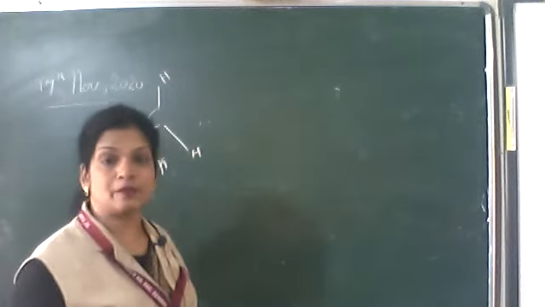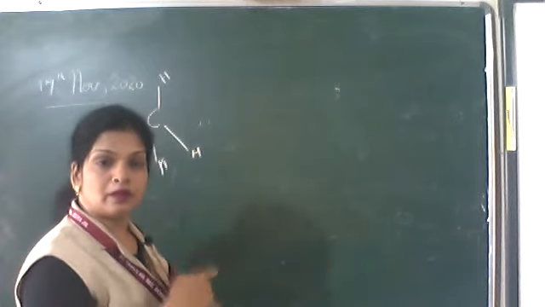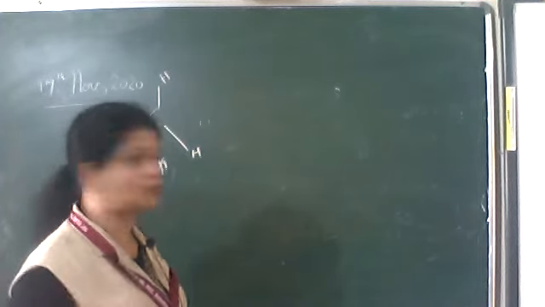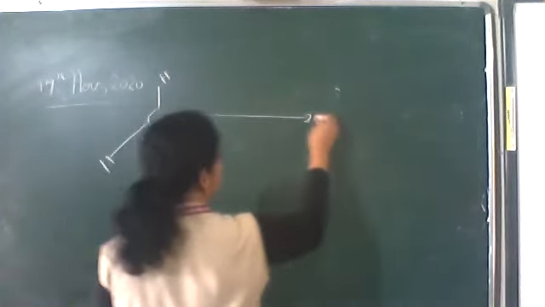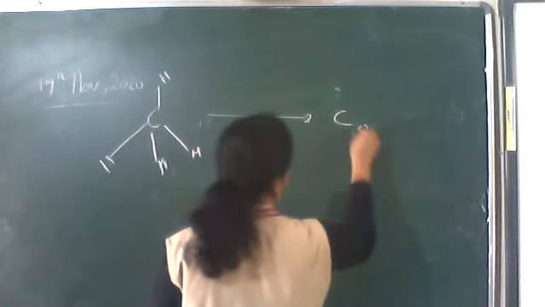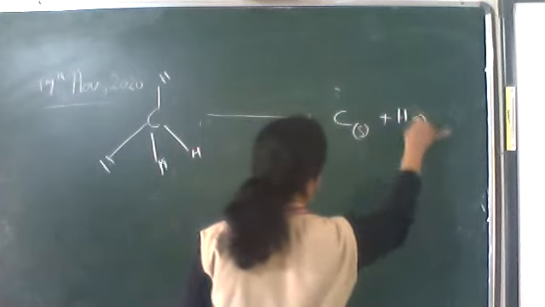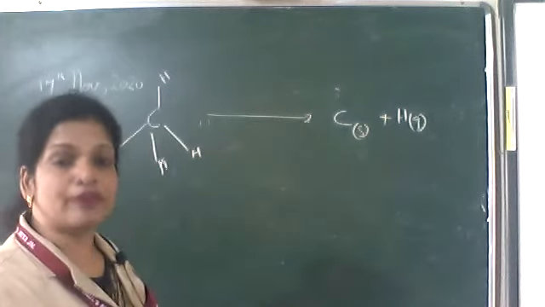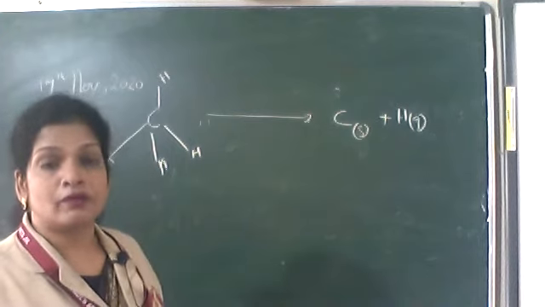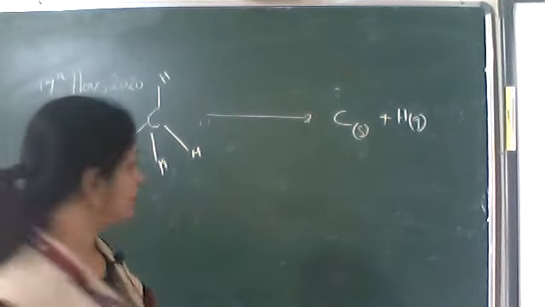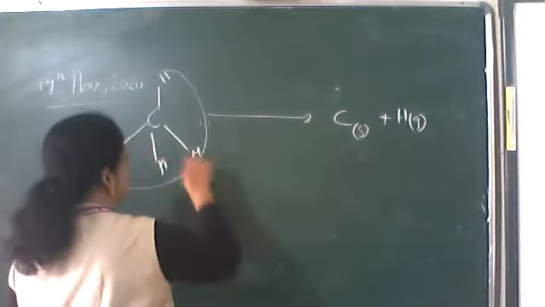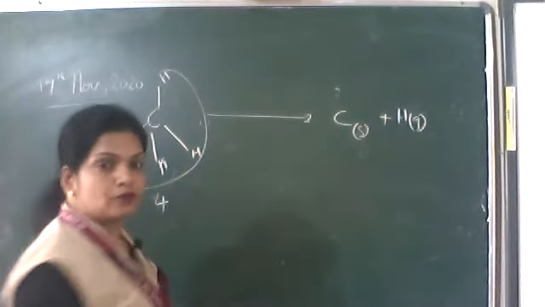CH4. If I take 1 mole of CH4, there will be 4 moles of bonds, because one molecule has got 4 bonds. So to break all these bonds into carbon solid and hydrogen gaseous state in their standard states, how much energy is required in total?